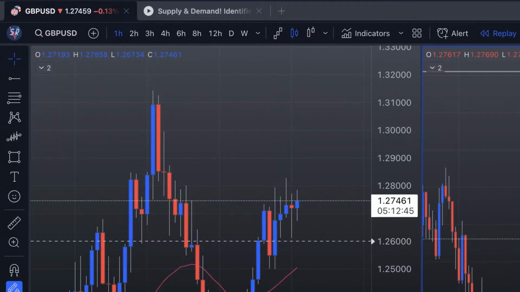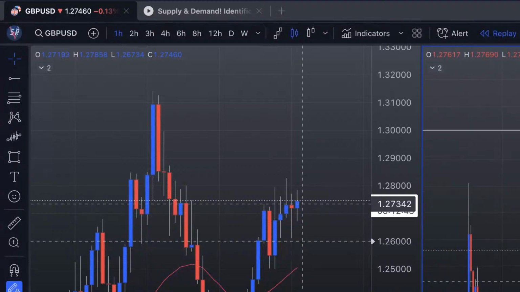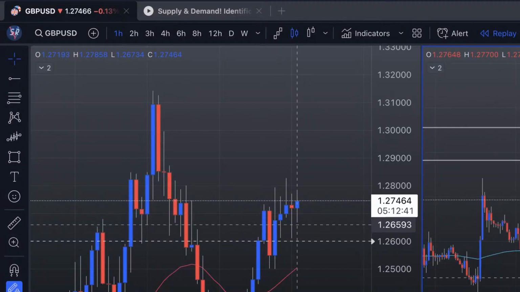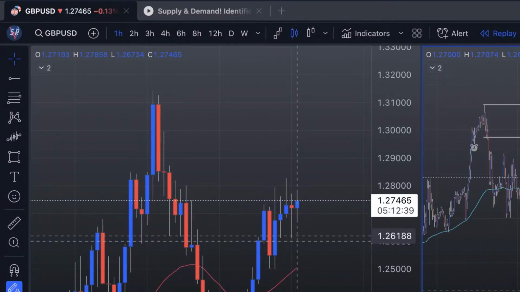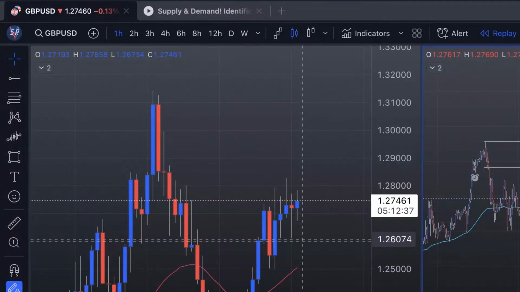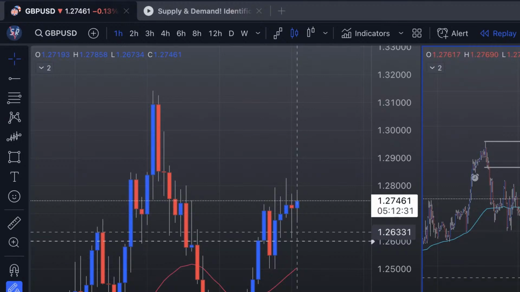I might take that if, when price gets down there, there's some decent room and the opposing supply level is a good distance away.